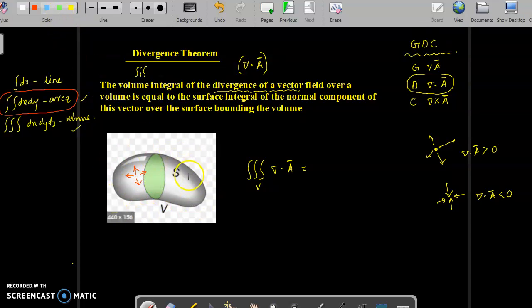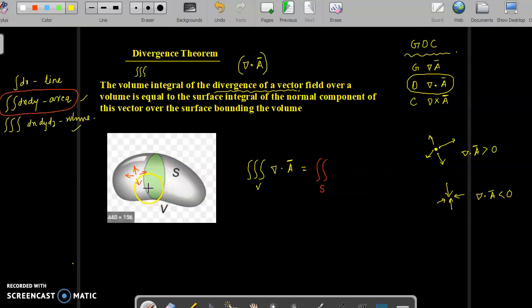If you take the volume integral of the divergence of the vector field, it is equal to the surface integral. The surface integral is of the normal component of this vector over the surface bounding the volume. Here we can see that there is a surface which is bounding the volume. So there are many vector fields.